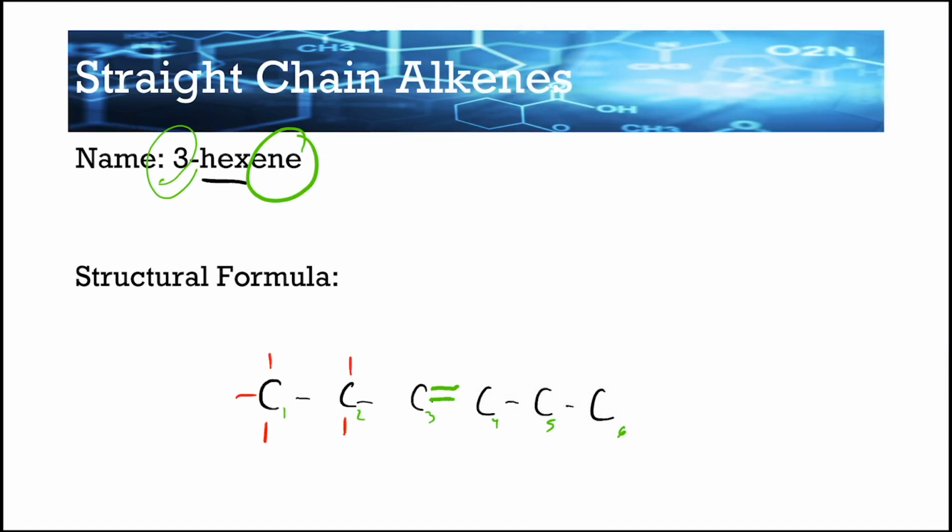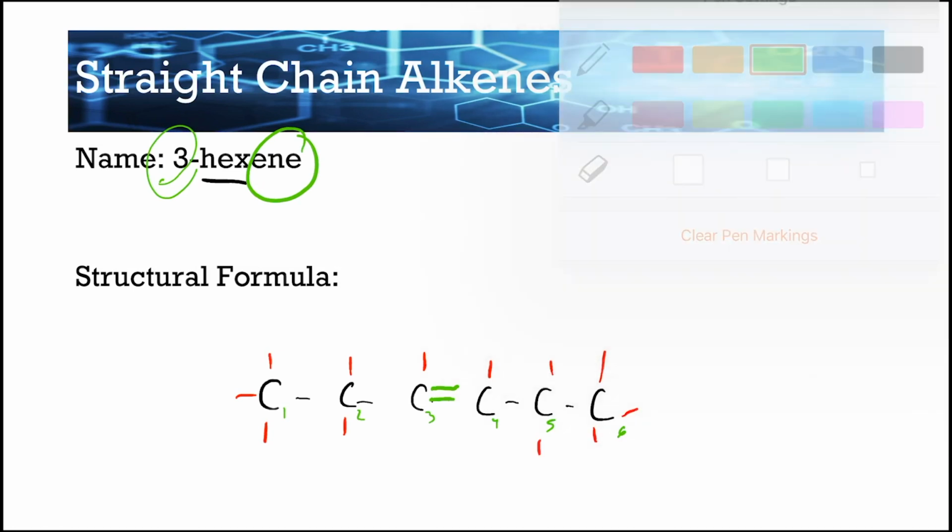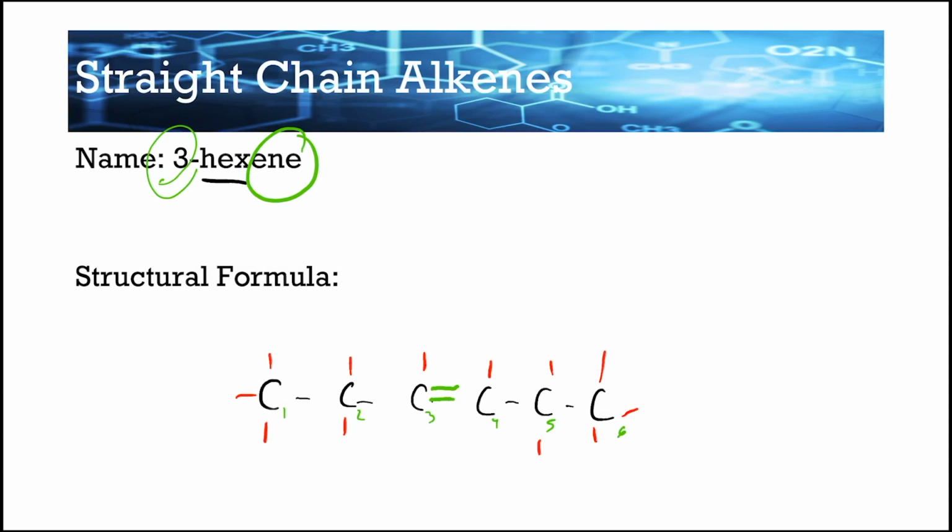Now remember, carbon can only have 4 lines coming off of it. So that is why you do it in blue. Notice I did not put lines there to show H's, because that would be too many things. These carbons have 4 lines coming off of it. So that's what makes these multiple bonds, these double or triple bonds, unsaturated.